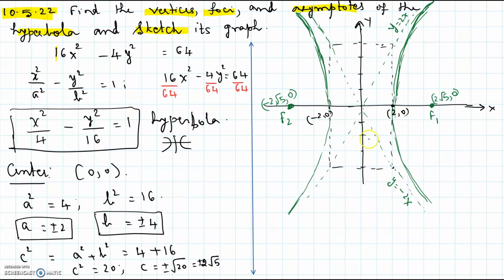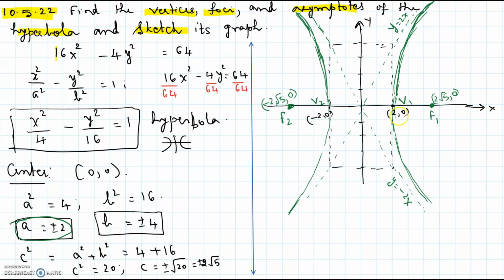So look at the graph on the right hand side. The vertices are 2 comma 0 and negative 2 comma 0, which are provided by the a values plus or minus 2. The center, the vertices and the foci are all on the same axis of the hyperbola, so they all lie on the same line.